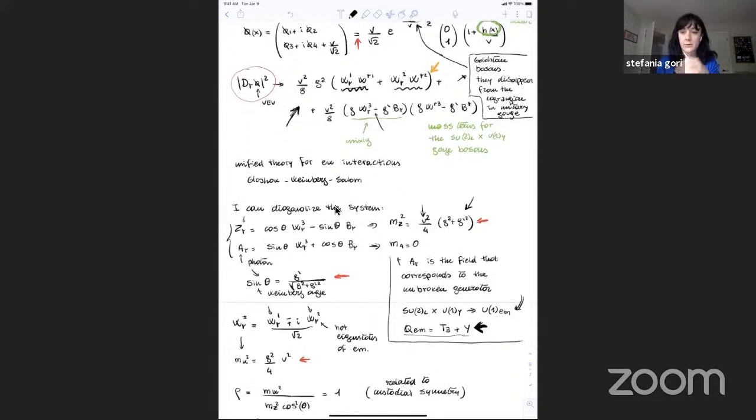Since this U1 of electromagnetism is unbroken, you would like to work with fields that are eigenstates of this quantum number. That's why we define these 2 combinations here, and these 2 combinations are indeed eigenstates of the electric charge. That's why we do that, not to diagonalize masses, but to have something that has good transformation properties under electromagnetism.